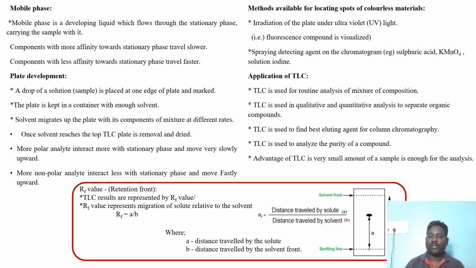So this RF value is a relative difference between the distance travelled by the solute and the distance travelled by the solvent. Here we have indicated A and B. A is by the solute and B is the solvent.